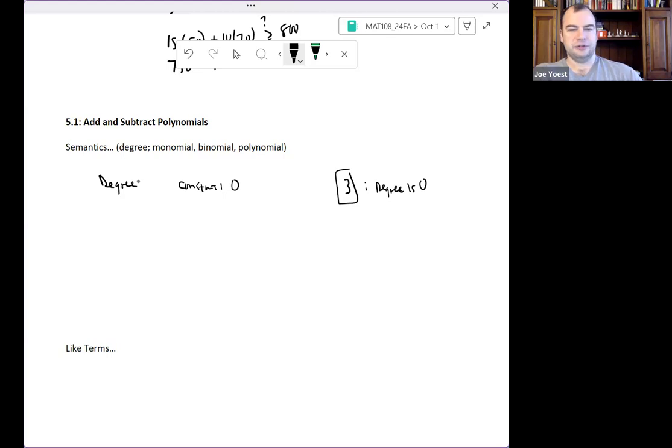The degree of a power function like x to the n power is n. So x squared, its degree is 2, or x to the 5th, degree is 5.